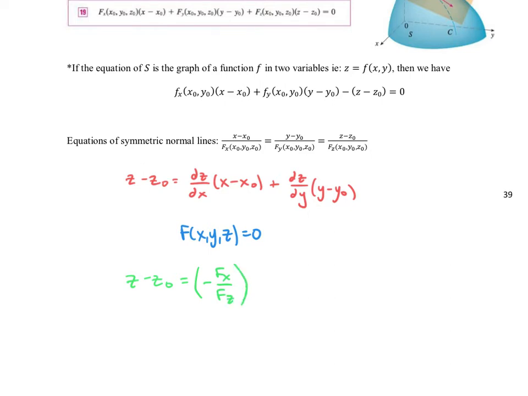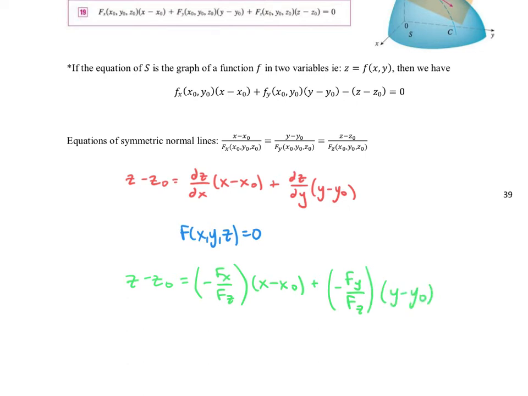So we have a shortcut to the implicit derivative for z with respect to x, and we have the same type of shortcut for the second one, which is the partial of capital F with respect to y divided by capital F with respect to z, times y minus y sub naught.